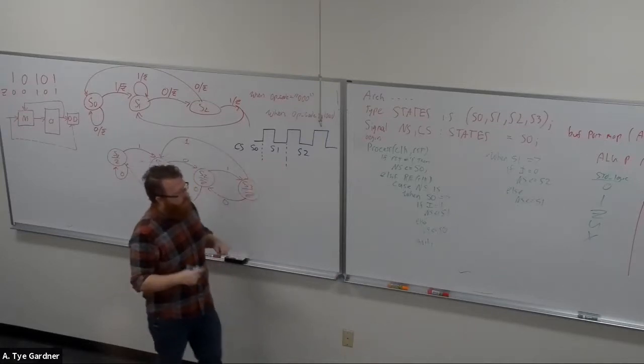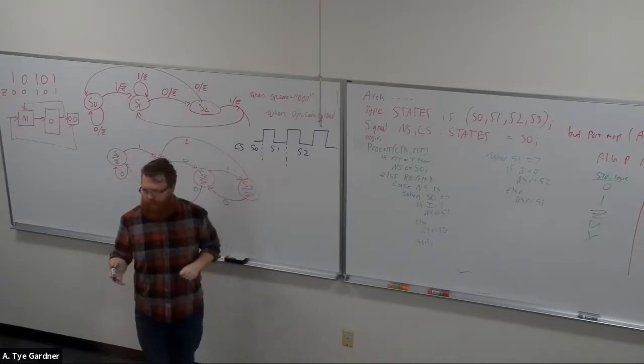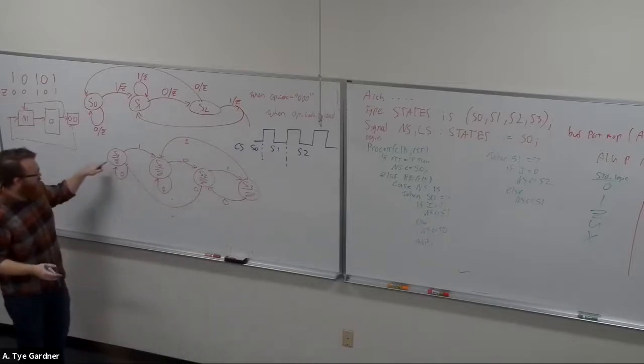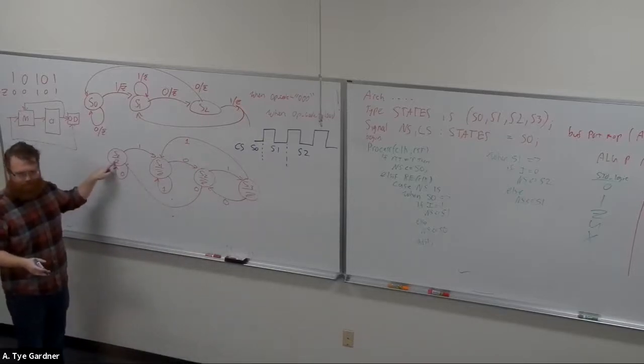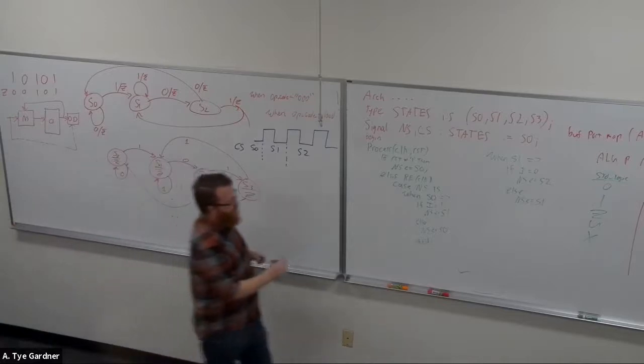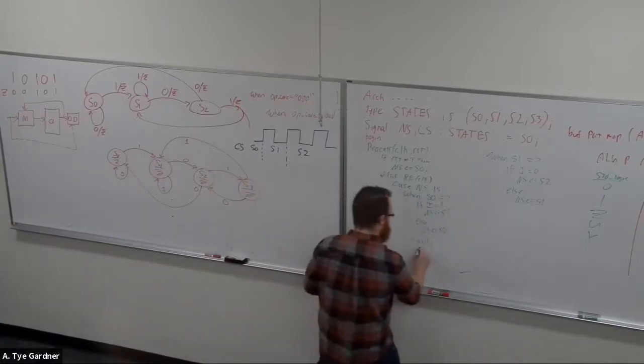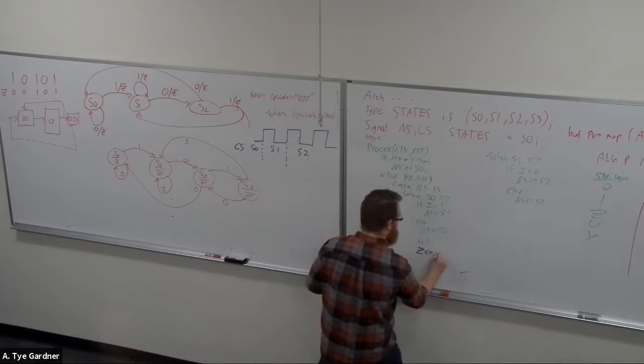Now, we need to take care of these outputs. And so if I'm designing a Moore state machine, then the output only depends on the state that I'm in, okay? So this will help actually. So in the case when S0, after the end if, I'm gonna say Z gets assigned to 0.